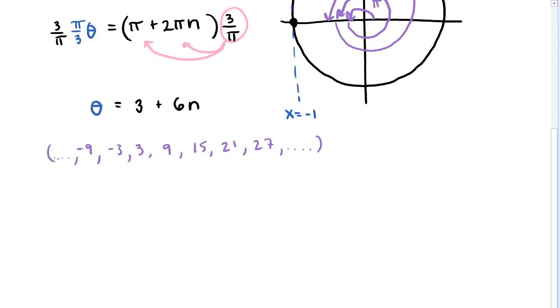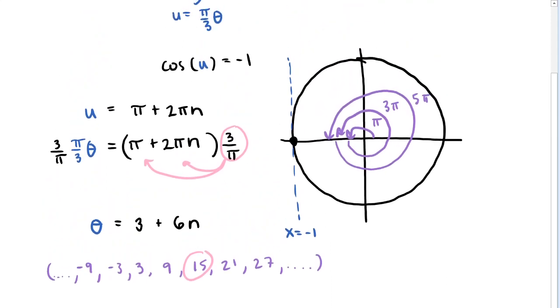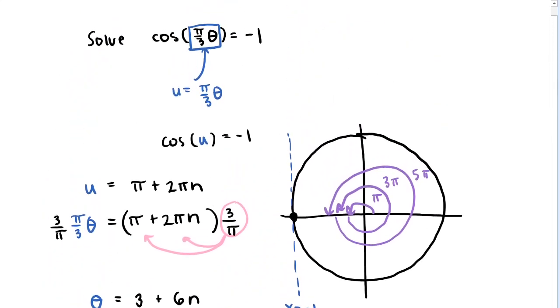So that's a list of numbers that we're really getting as the solutions to our equation. And so maybe let's test one value just to really convince ourselves. Maybe let's look at this value of 15. Theta is equal to 15. Let's check that this is truly a solution to our original equation. Cosine of pi over 3 times theta is equal to -1.